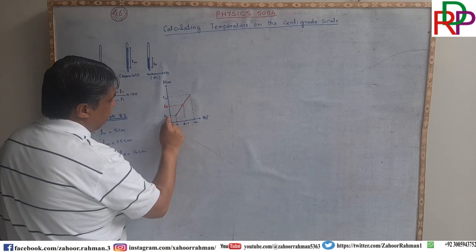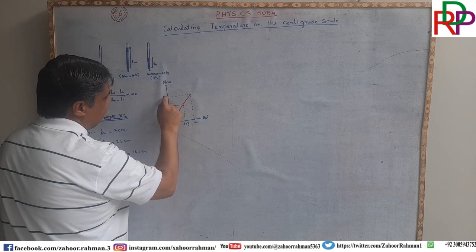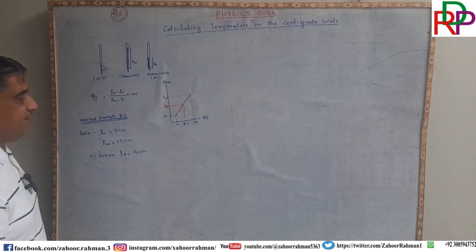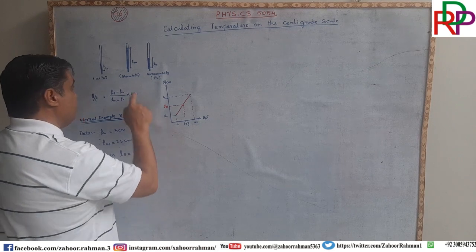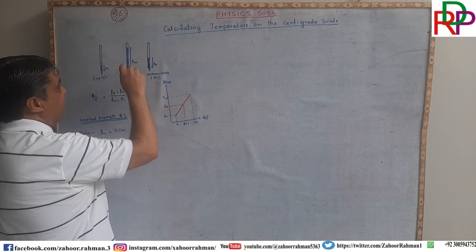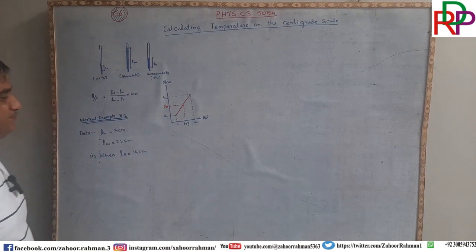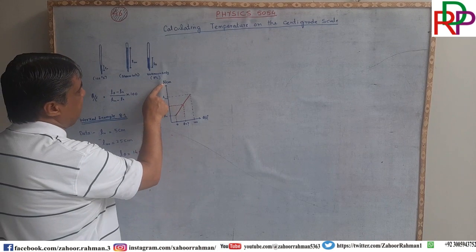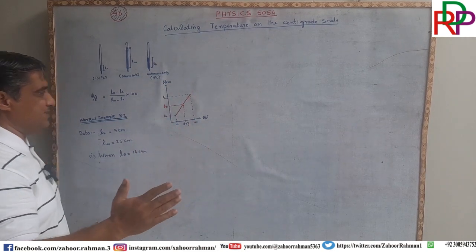From here it is L naught and that is L100. Length at 0, which is this one, and length at 100, which is this one, are on the y-axis, and we are labeling it L per centimeter.